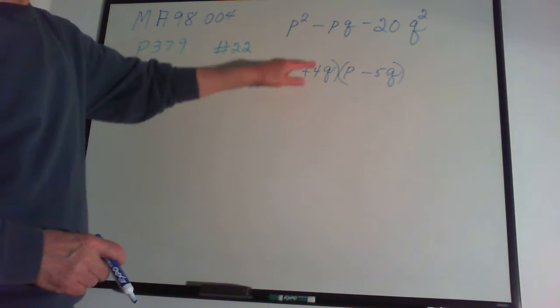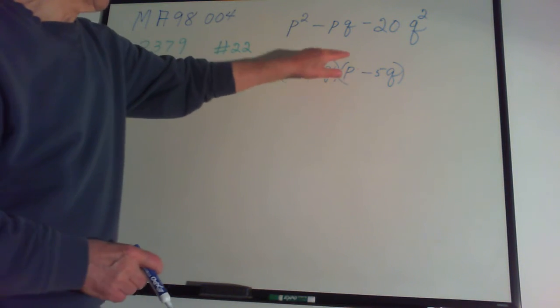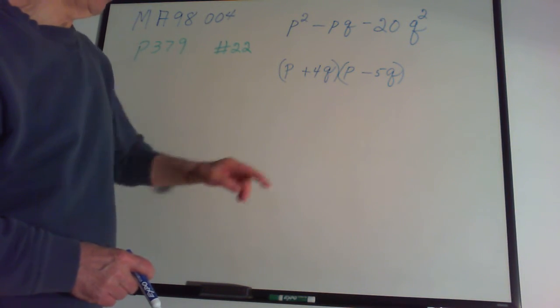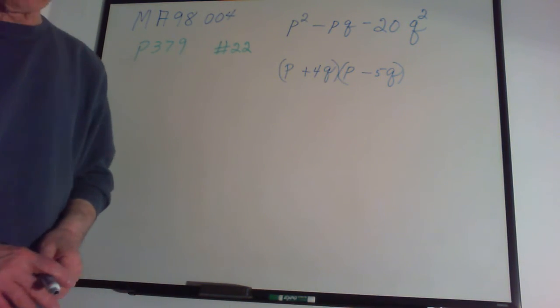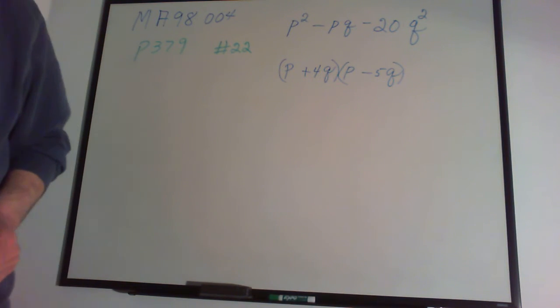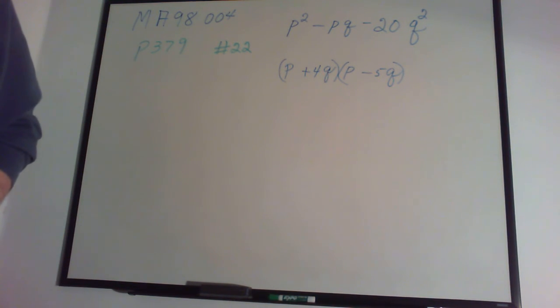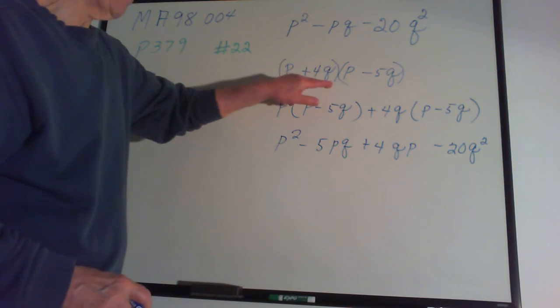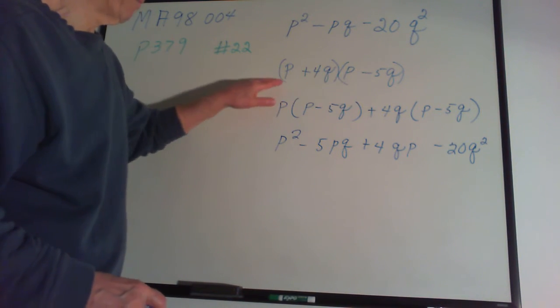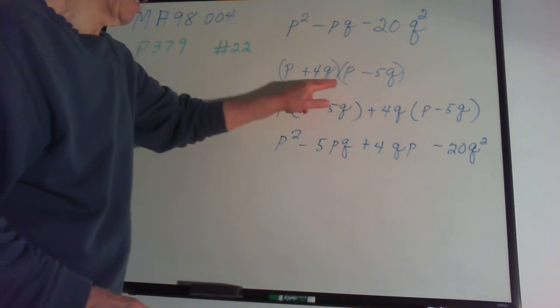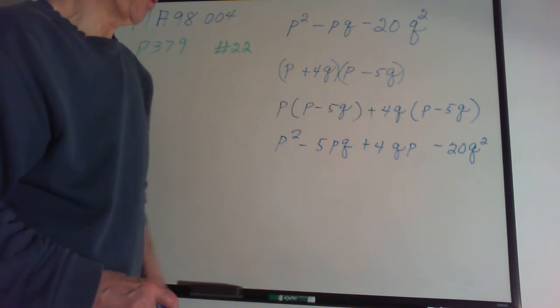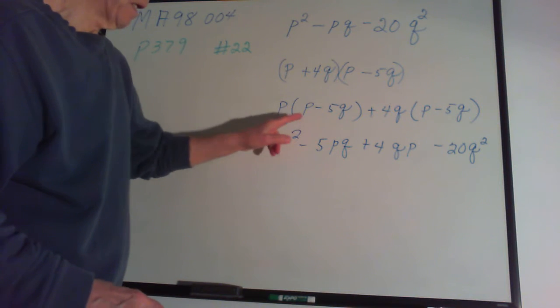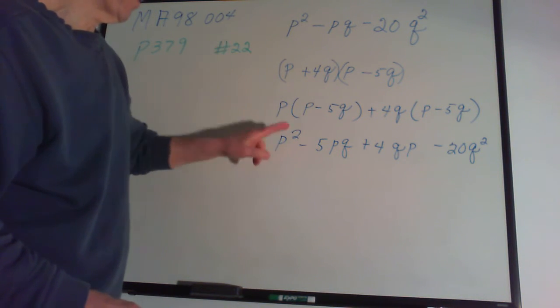The question is, if I multiply these back out, do I get a minus pq? So multiply it back out, that's how you check your work. Pause the video. All right, so this tells me it's a mathematical sentence. I'm going to multiply everything in here by p, then everything in here by positive 4q. So p times p is p squared, that's the first term.